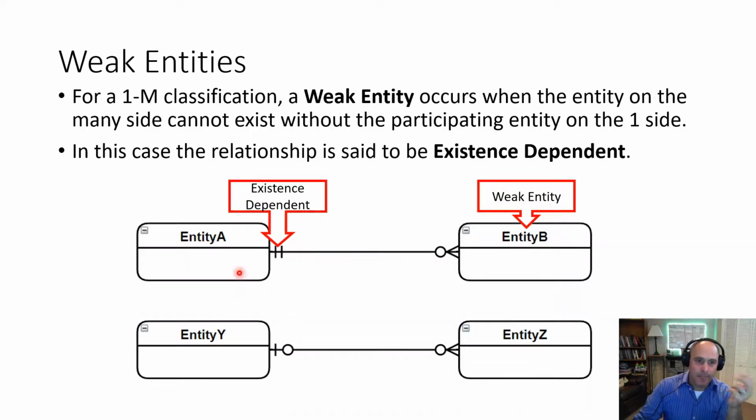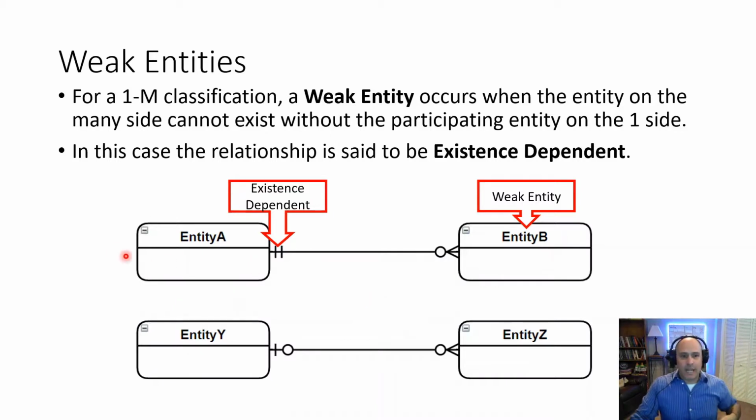Think about it. If you exist over here as entity B, then you will have a one and only one corresponding entity A. Therefore, it doesn't make sense. You cannot have something over here that isn't also over there.